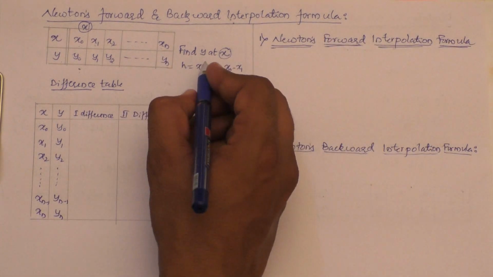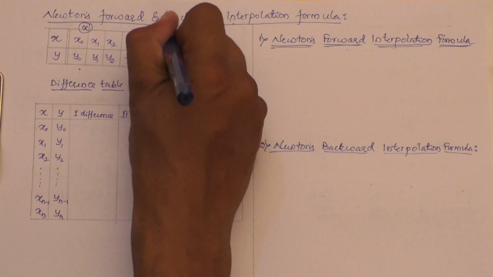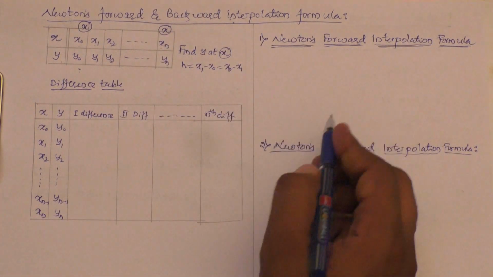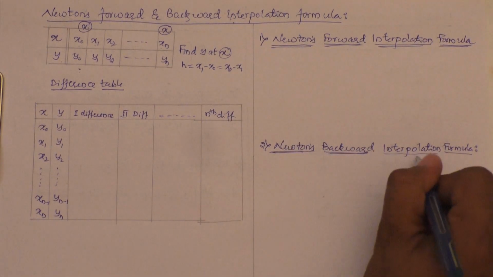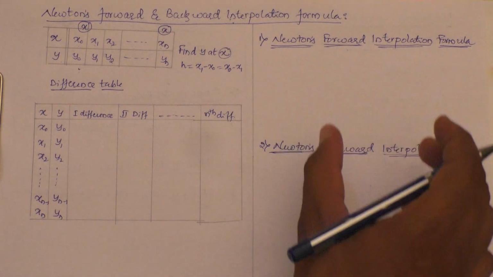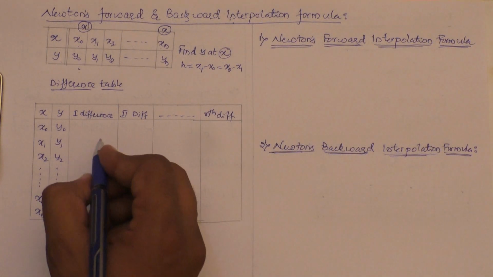If x is near xn, near the last value, then you need to go for Newton's backward interpolation formula.